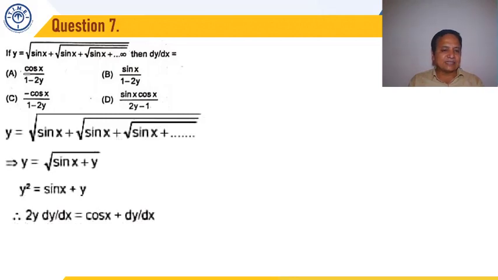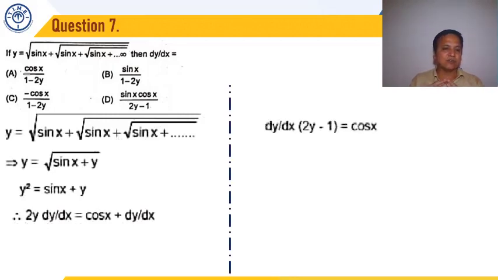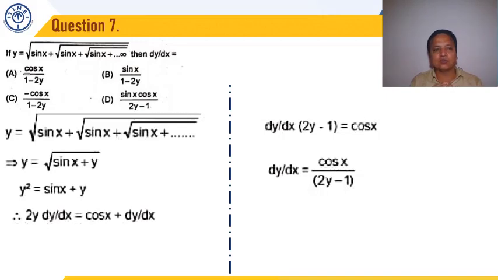We will take this dy by dx to the left hand side and simplify the expression. So it comes out to be dy by dx bracket 2y minus 1 is equal to cos x. With cross multiplication, we take 2y minus 1 to the right hand side, it goes into the denominator. So dy by dx becomes cos x upon 2y minus 1.